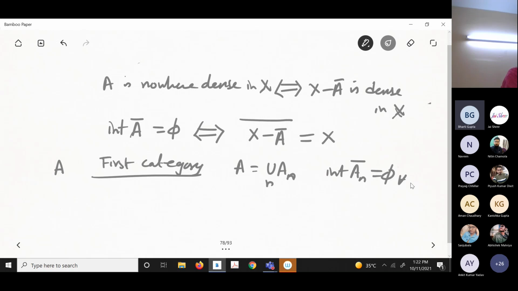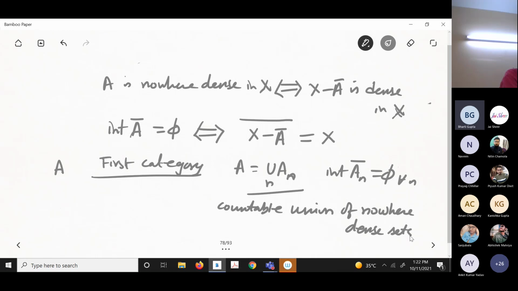If you can have this, that is a countable union of nowhere dense sets. Look, Q is a set of first category because Q can be written as this.